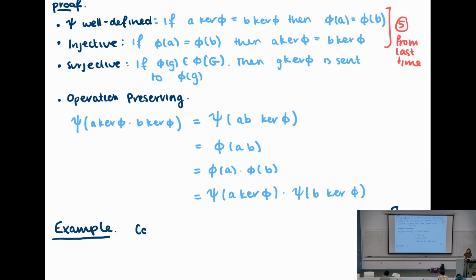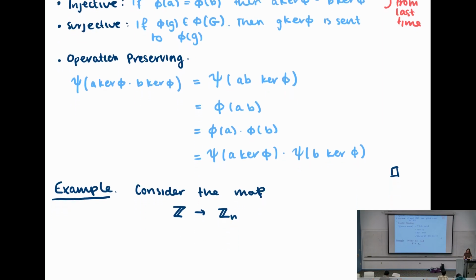So let's consider the map from the integers to the integers mod n, where we take an element, let's say a, and that gets sent to a mod n. Okay, so I think we've talked about last time that this is a homomorphism.